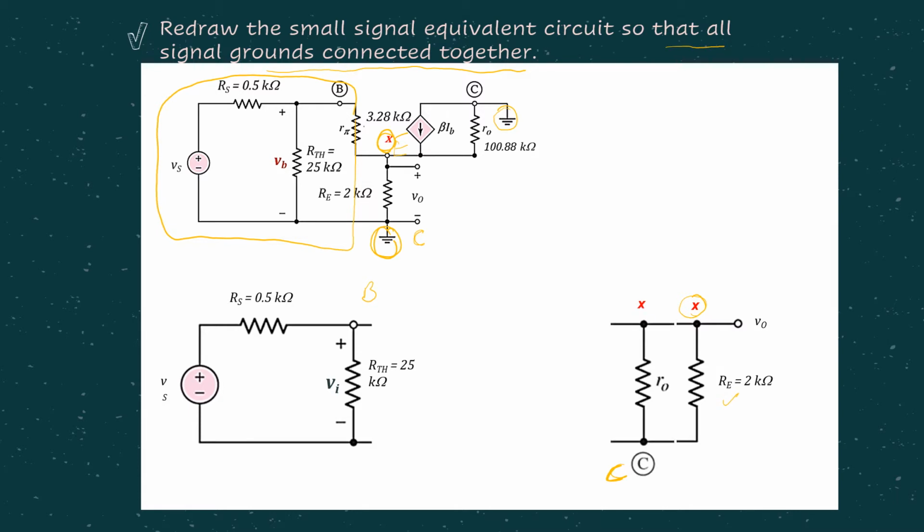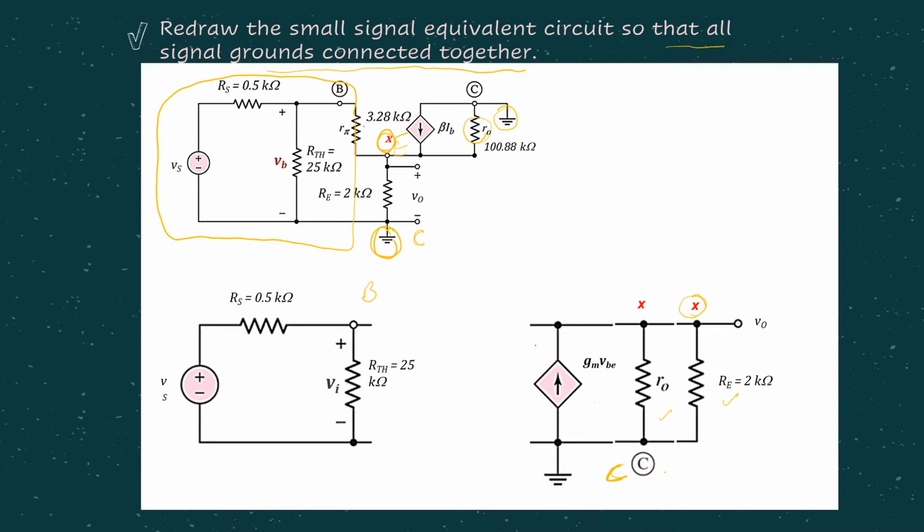Then what do we have next? At the X here we also have R0 between X and the collector, which is grounded. So that's why we can put R0 in parallel to RE, where R0 is between the X and the collector, which is grounded. Then what do we have next?